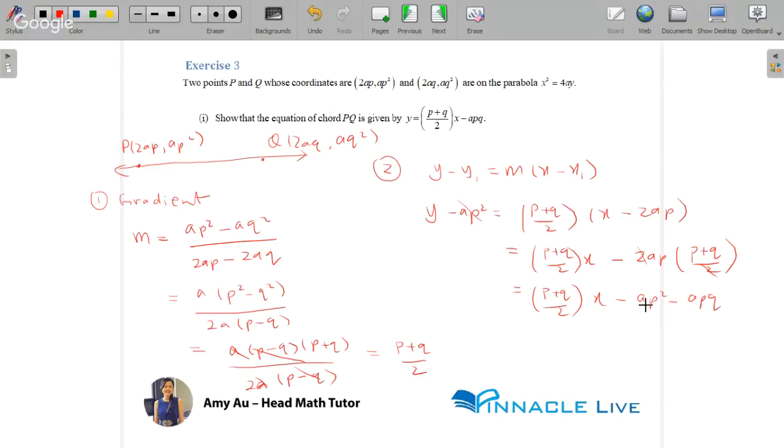And minus AP squared cancels. So y is equal to that equation. All right, pretty standard. Moving on.